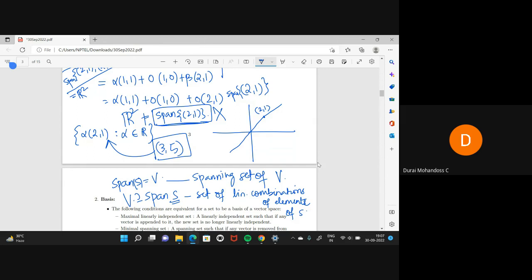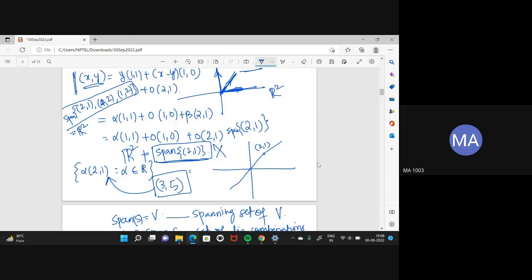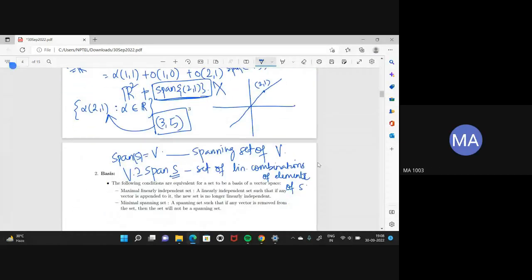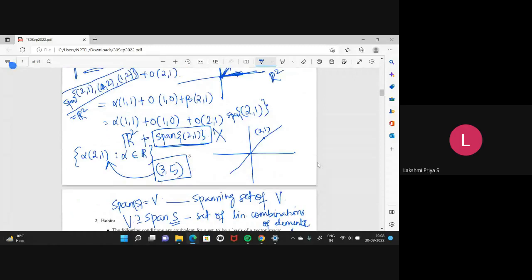Ma'am, there will be infinitely many spanning sets for a vector space. Agreed. Spanning sets, you mean, right? Yes. One minute. What is span of (1, 0)? X-axis. All the points lie on the x-axis. So, do you agree that (1, 0) is a spanning set for the x-axis?